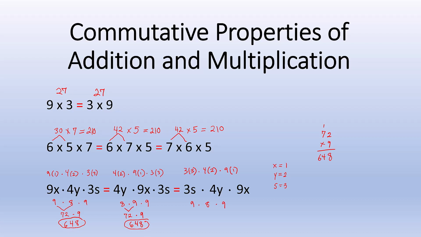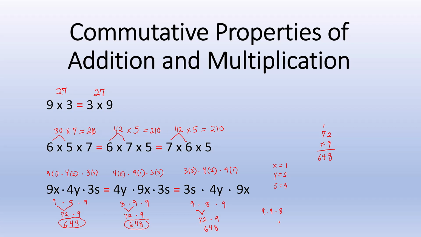And the final one, 9 times 8 is 72. And 72 times 9 will give me 648. Okay, now let's look at these numbers. What if I had 9 times 9 first? So let's say, for example, I had 9 times 9 times 8.